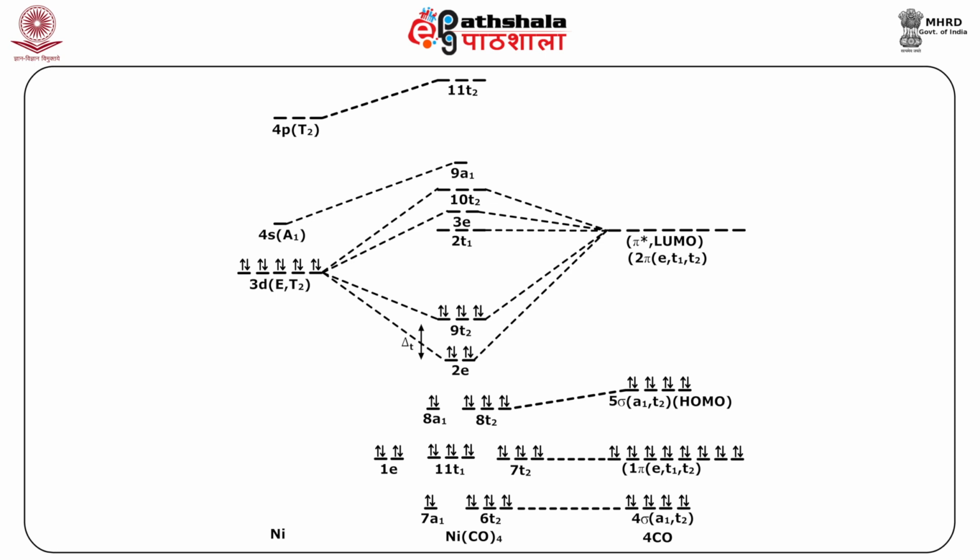CO is a ligand with good Lewis character, as it is a good Lewis base and a sigma donor from the carbon atom. Also, the vacant pi star orbital, LUMO, can act as an electron pair acceptor capable of forming metal-ligand pi bonds.